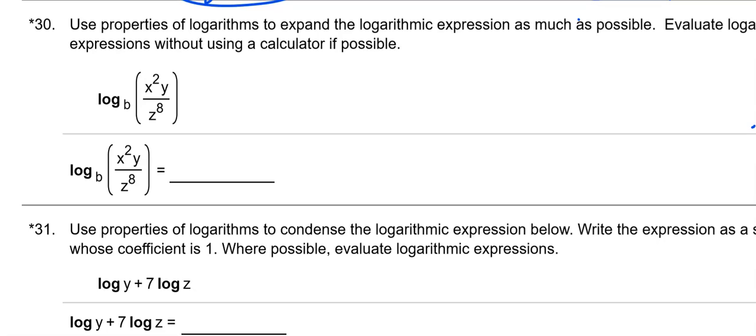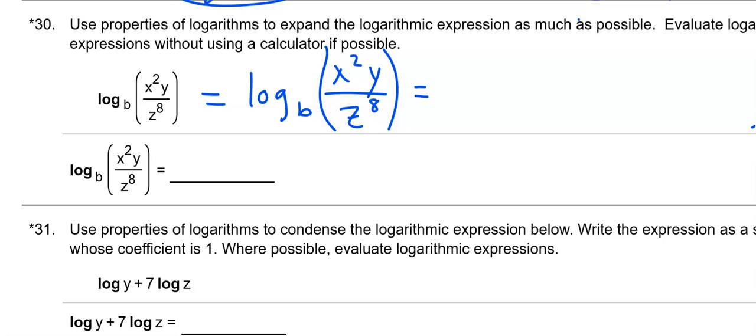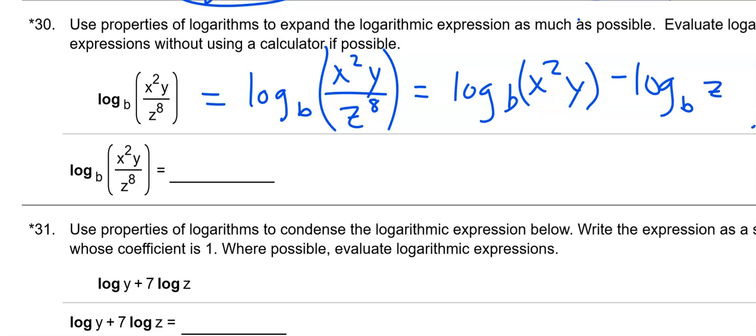Use properties of logarithms to expand. Okay, so log base b of x squared y over z to the 8th. Lots of stuff going on here, but I know I can put everything on the top, so that'd be log base b of x squared y minus log base b of z to the 8th.